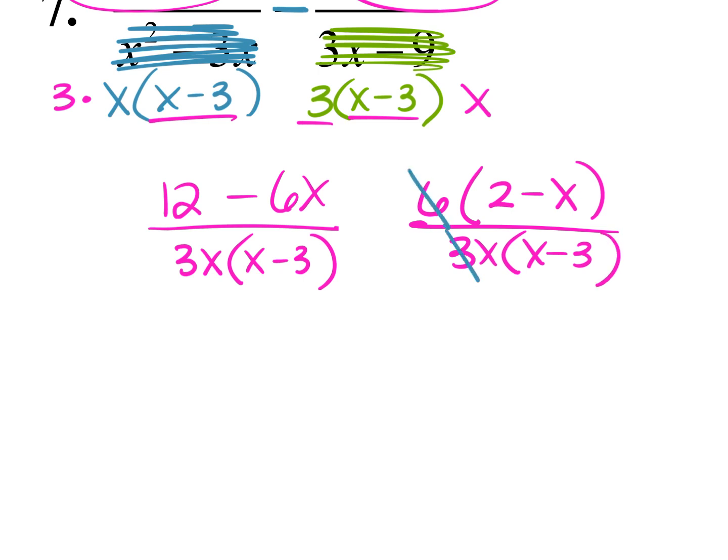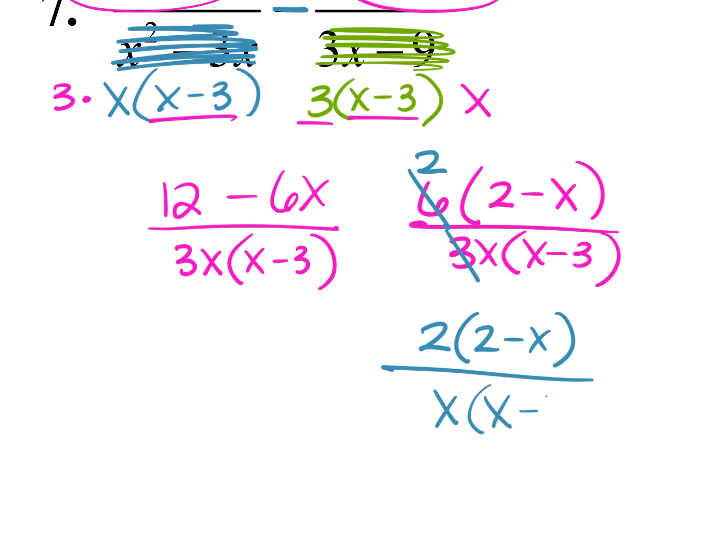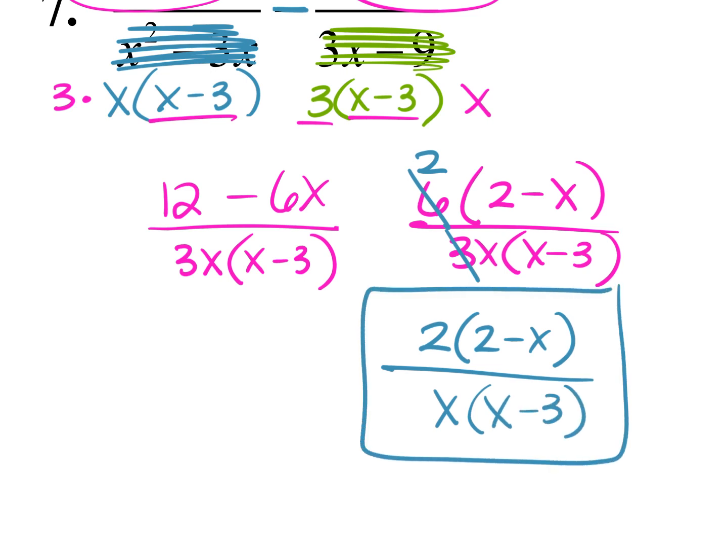That means 6 over 3 becomes 2 over 1. So it's 2 times 2 minus x over x times x minus 3. So if you can factor something out, you should keep going. If you can't, then you could just leave it how you see it there. But because you can, keep going.